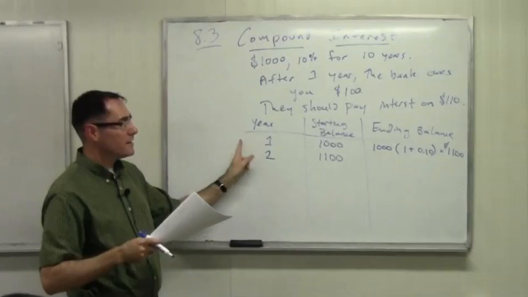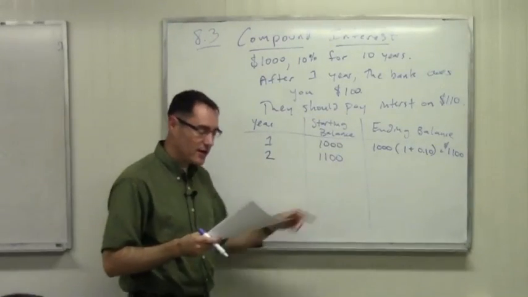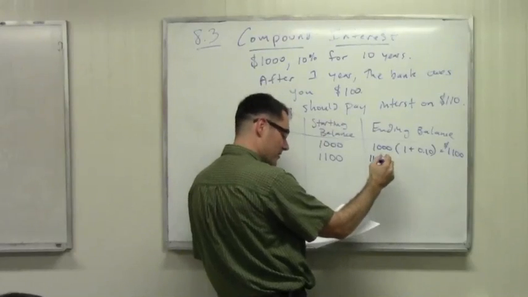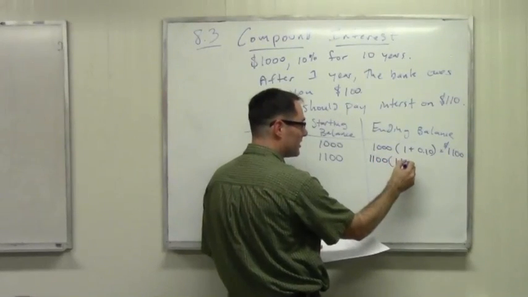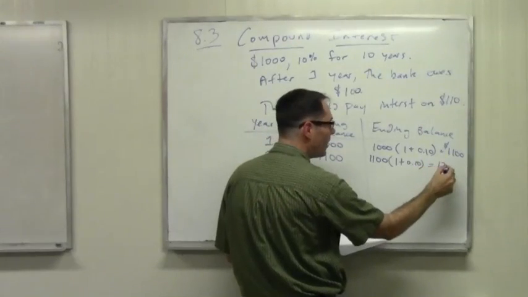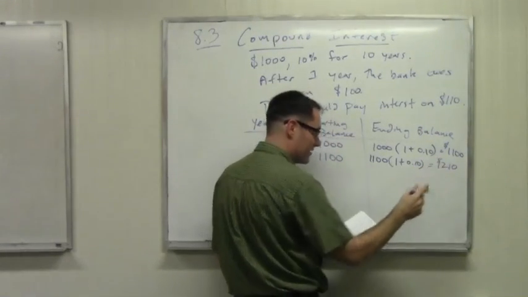All right. So in year two, you're starting with $1,100. But now your final value is $1,100 times 1 plus 0.10, or $1,210 at the end of the year.